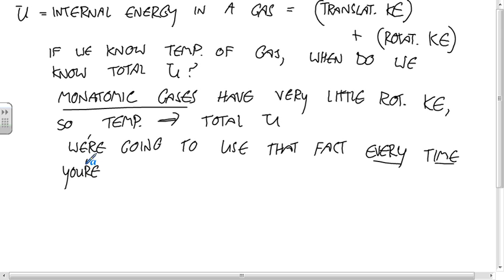That's the only reason that I would tell you that a gas is monatomic. Well, there's one other reason that someone who's mean would tell you that you have a monatomic gas, and that's to try to trick you. But I'm not very mean in that way. So anytime in this class you're told you have a monatomic gas, you know that you're going to use that to calculate the total internal energy in some way. Okay.